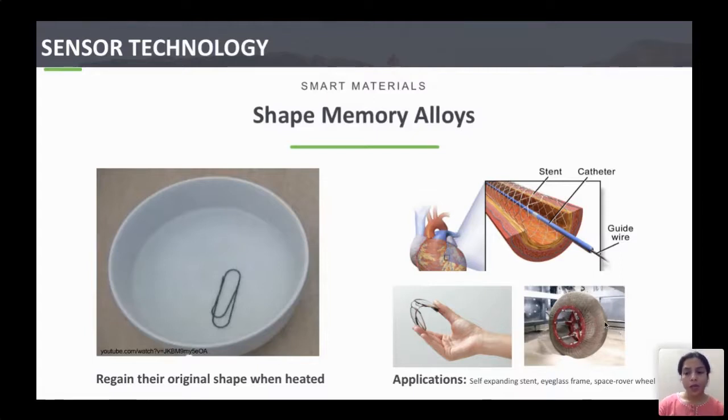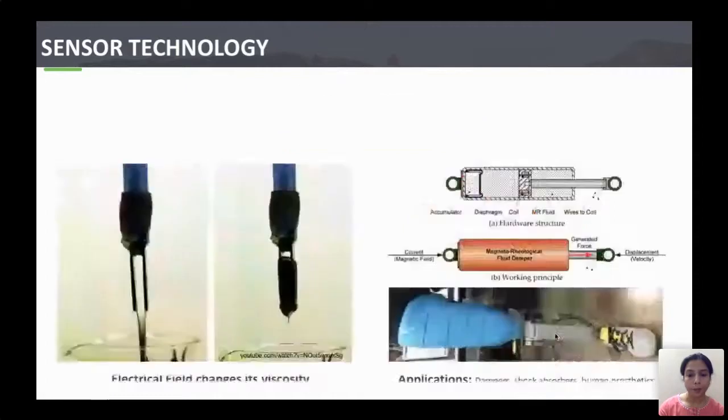These materials have a very super elastic nature. That is why they can withstand damage due to very sharp rocks. So the NASA people are now trying to replace the wheels of the rover with these smart memory alloys.